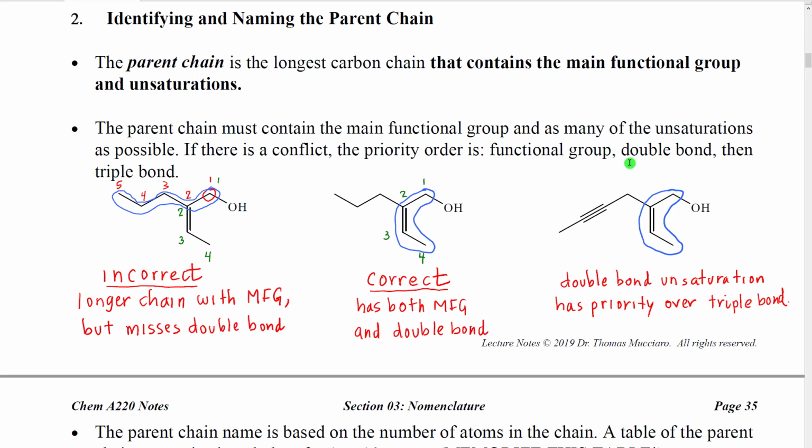But what we saw is double bonds have a higher priority than triple bonds, so we're going to prefer the chain that has the double bond, which is the one that I've circled in blue. So you can see, using these rules, we should be able to pick out a parent chain, and I highly recommend that you circle that chain so that you can see more clearly which carbons you need to count.